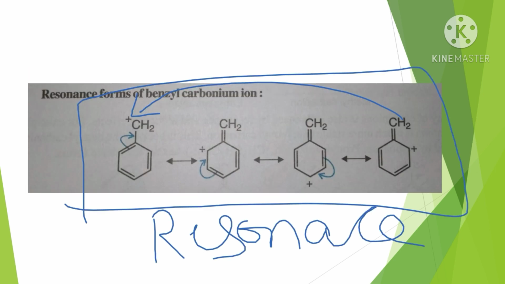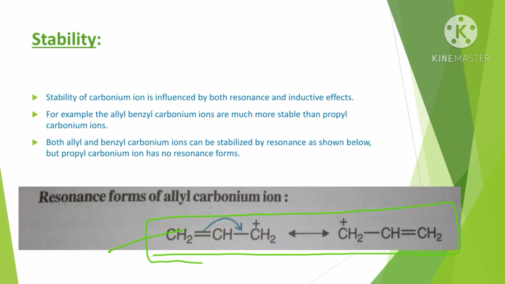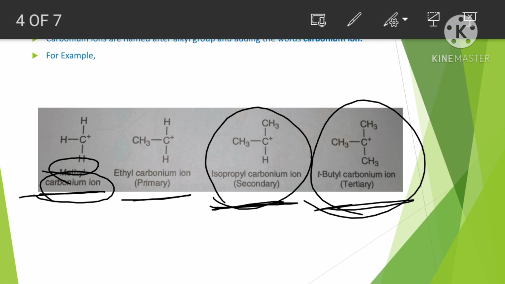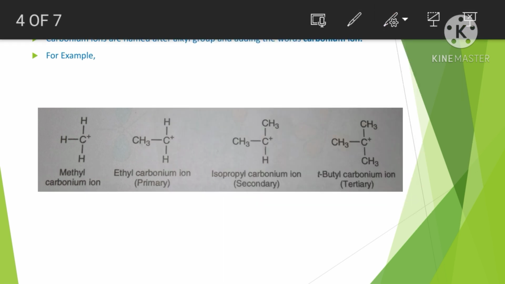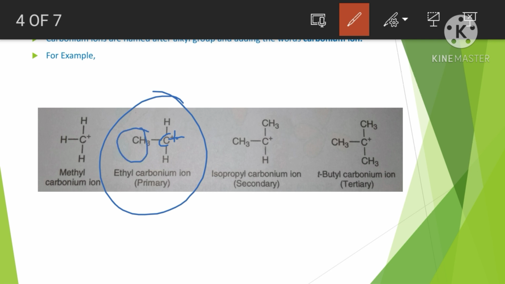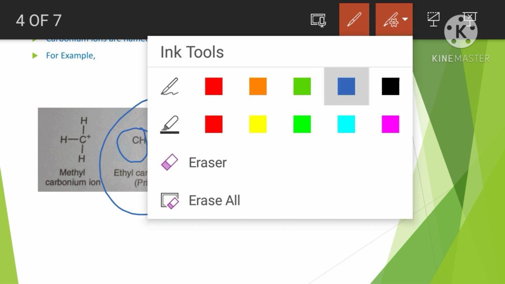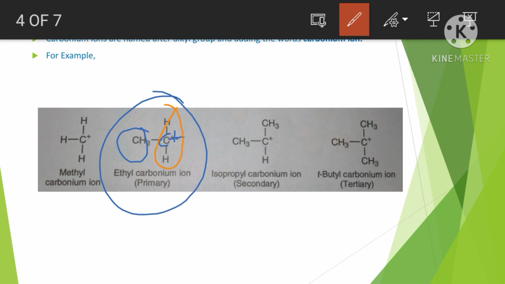We will discuss here the naming of the carbonium ion. And here one thing we will discuss: this is a primary carbonium ion. It means this carbon atom is attached to one methyl group and two hydrogen atoms.